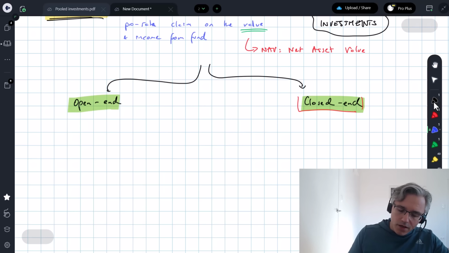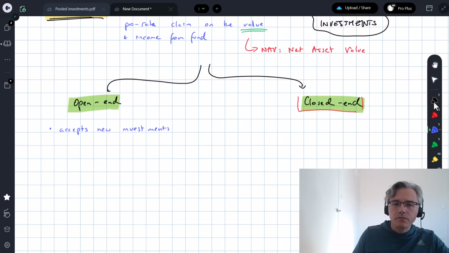Right, so the way an open-end fund works is that it absolutely accepts new investments or new investment money, right? And whenever you want to invest additional money into the fund, that fund issues new shares.